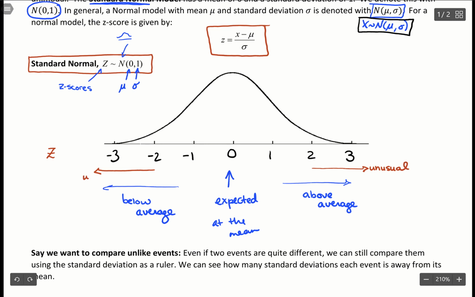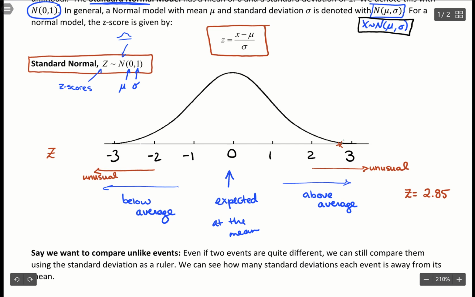So if you get z-scores out in those regions, those would be considered unusual data values. So say we did a calculation and the z-score came out to 2.85. What we can see is it landed above average because it's positive, and it's unusually above average because it's so far out there in terms of what's expected.